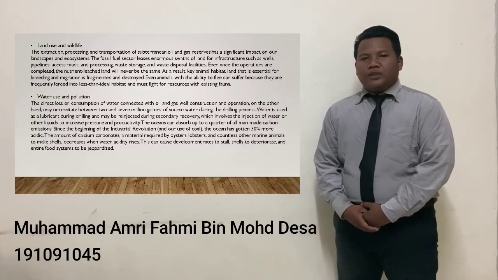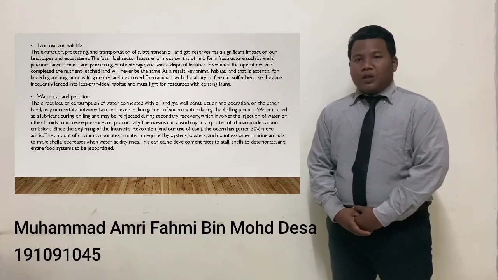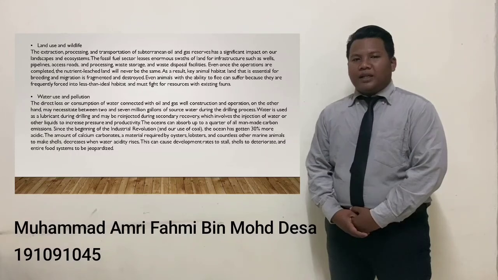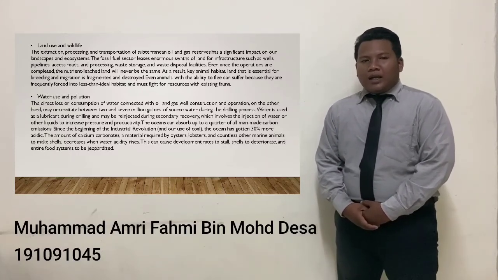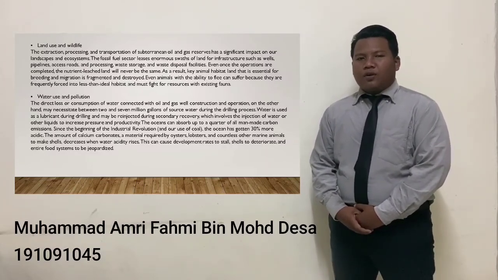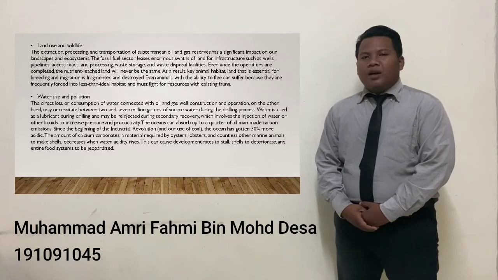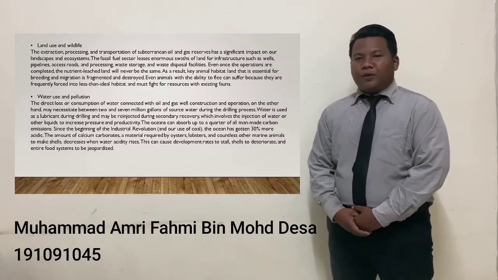Even animals with the ability to fly can suffer because they are frequently forced into less than ideal habitat and must fight for resources with existing fauna. Lastly, water use and pollution. The direct loss of consumption of water is connected with oil and gas construction and operation.